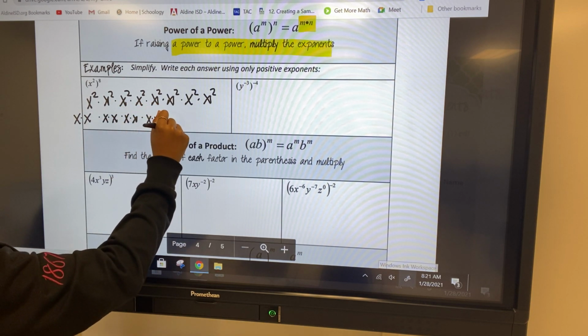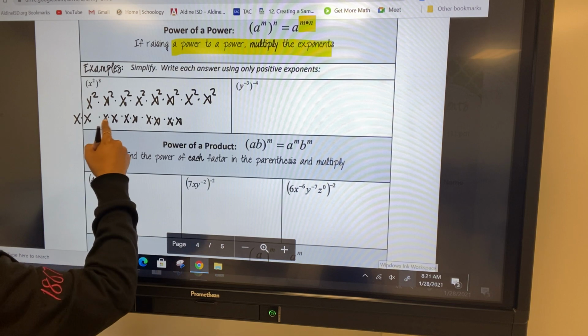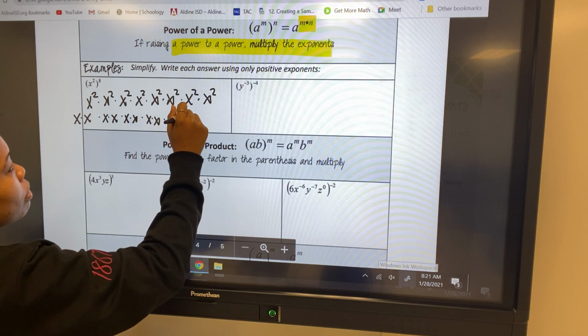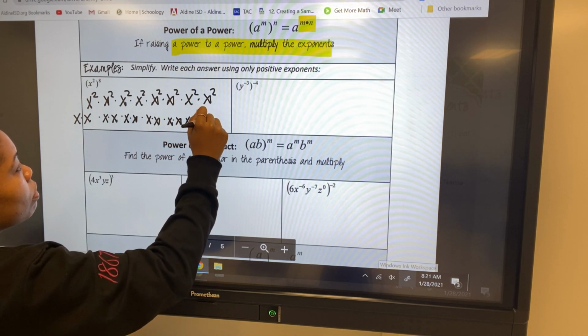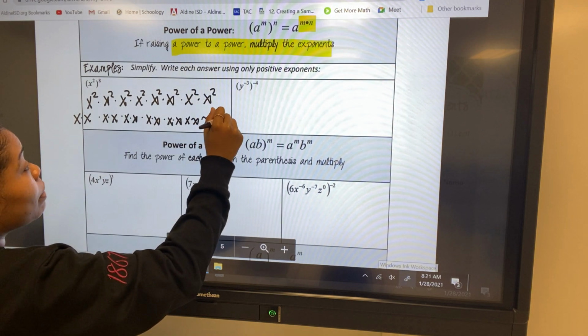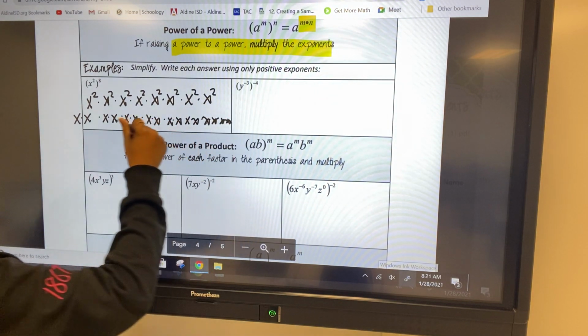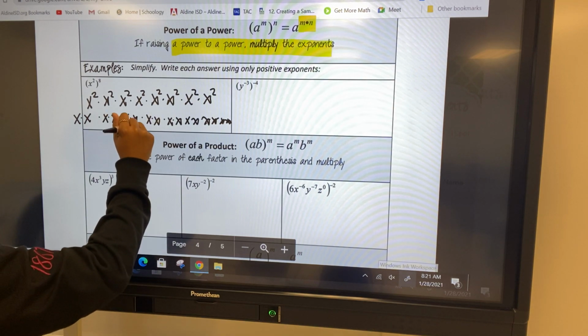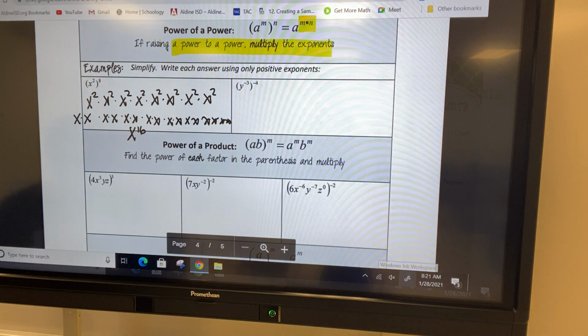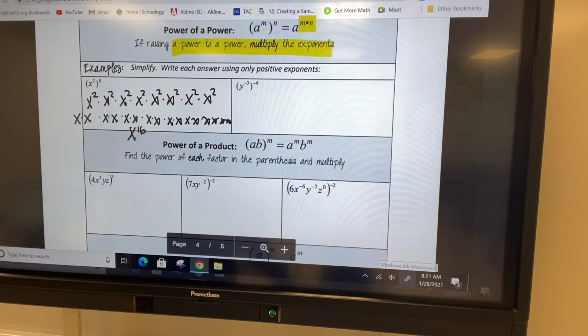And so after we do all of this, we're going to end up with, as you can see, a total of x to the power of 16, all right? X to the power of 16. So instead of doing all of that, the shortcut says, hey, all you need to do is just multiply the exponents.